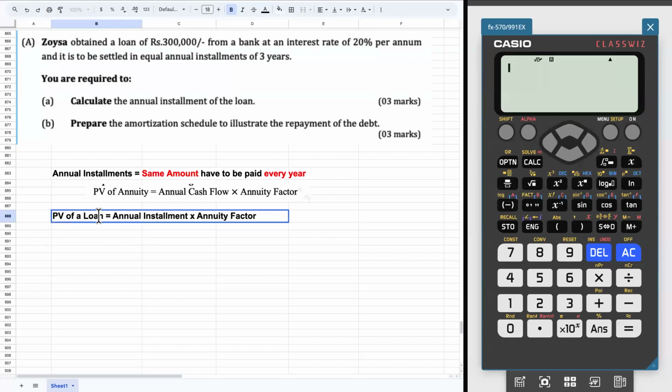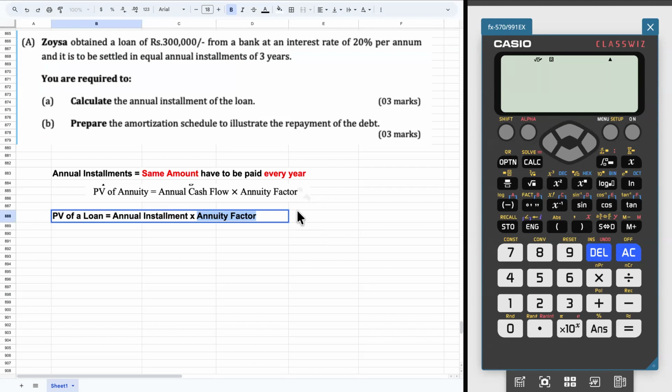I modified the formula because we are dealing with a loan. The present value of a loan is equal to the annual installment, because you are going to pay the same amount, and we need an annuity factor from the cumulative present value table.